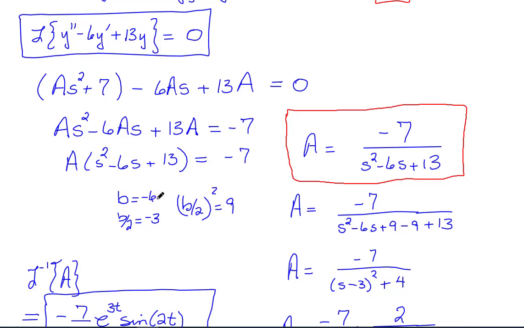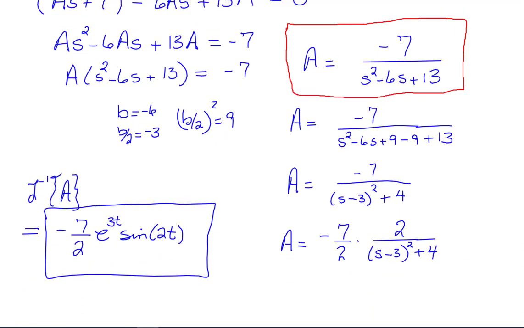B is minus 6, b over 2 is minus 3, square it, I get a 9. So you see I've added the 9, subtracted the 9, and so the first part is s minus 3 squared, and the minus 9 plus 13, so grouping together the last 2 gives me that piece.